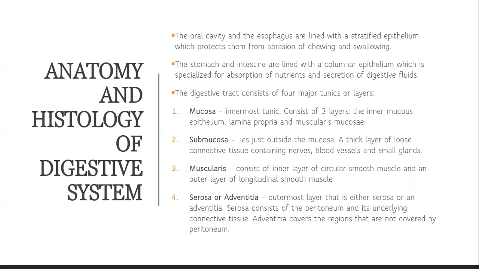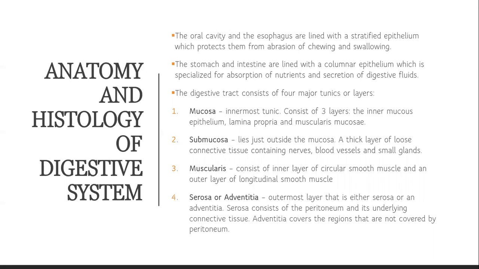Our third layer is the muscularis. It consists of an inner layer of circular smooth muscle and an outer layer of longitudinal smooth muscle. That's why the name itself is muscularis. Then lastly, we have the serosa or adventitia, which is the outermost layer. It is either a serosa or an adventitia.